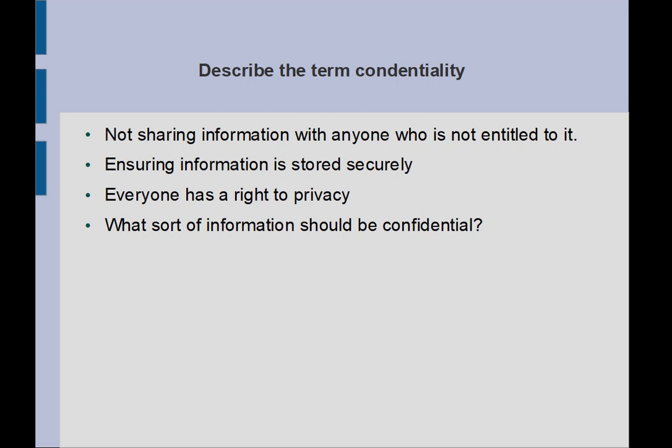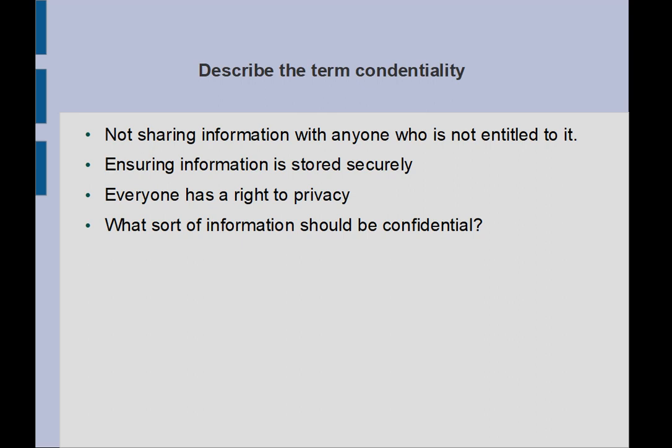So it means not sharing information with anyone who is not entitled to it. So everybody has a right to privacy. Anyone's personal information, which can be address, date of birth, any health conditions, bank details, anything like that, it's private information. It is up to them who they want to share it with.